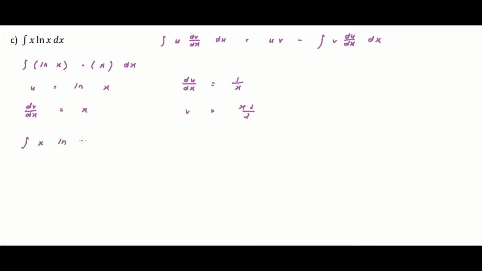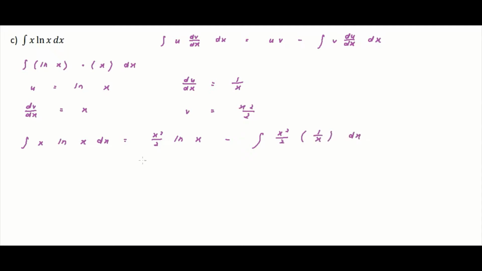So the integral of x ln x dx will be equal to u times v, so you have x squared over 2 ln x, and then minus the integral of v times du dx. So your v is x squared over 2, du dx is 1 over x.